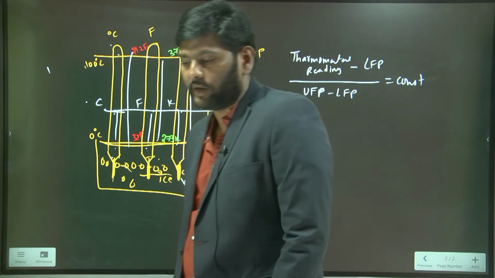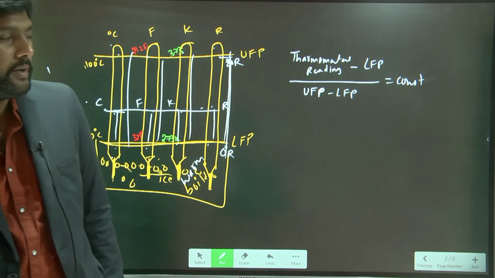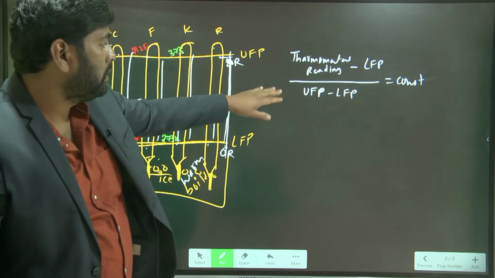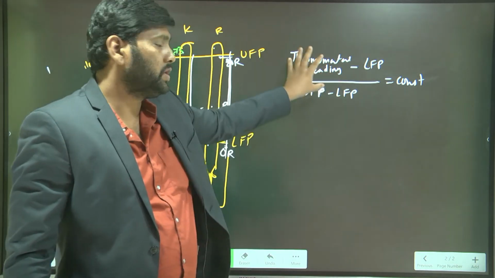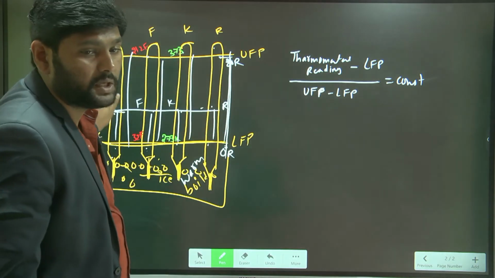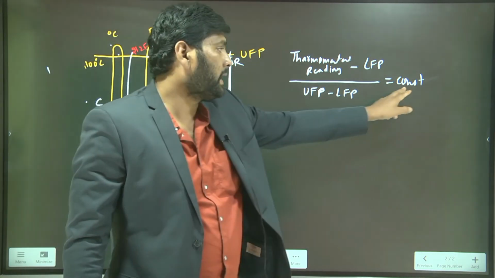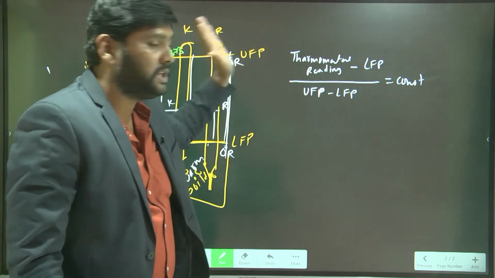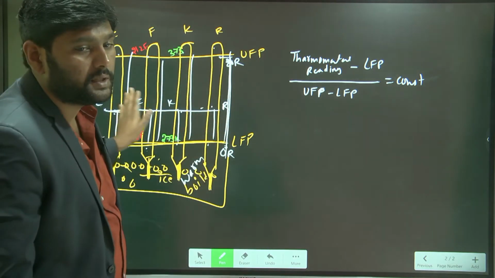Understand? For every thermometer, the ratio of the thermometer reading minus LFP to UFP minus LFP is the same, so I kept it as a constant. By using this generalized equation, I will apply it to all scales.